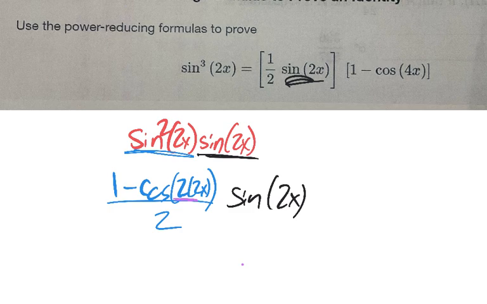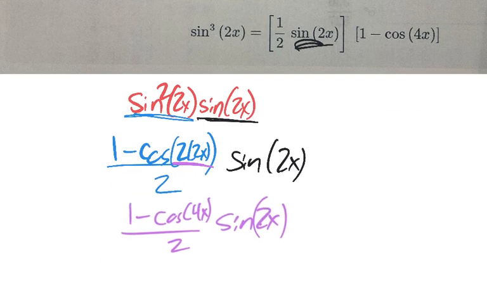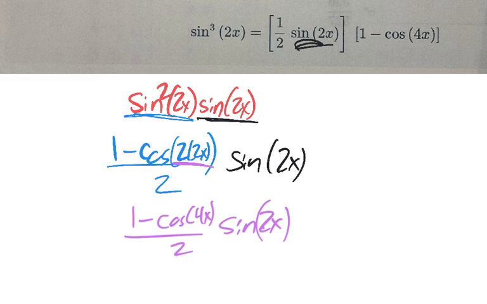Looking here, I've got cosine of 2 times 2x. I can write that as cosine of 4x. And now, because the left portion is over a monomial, we can break it apart to be 1/2 minus cosine of 4x over 2, times sine.